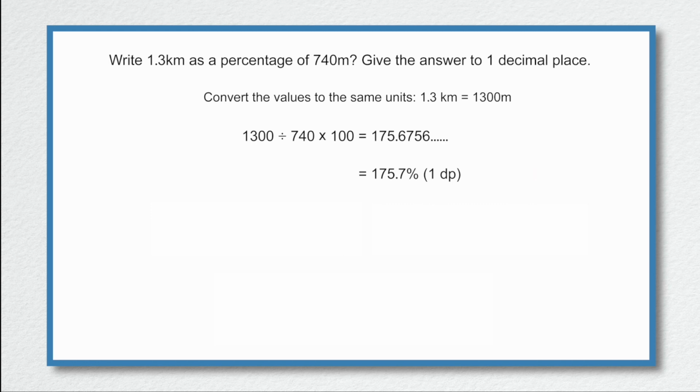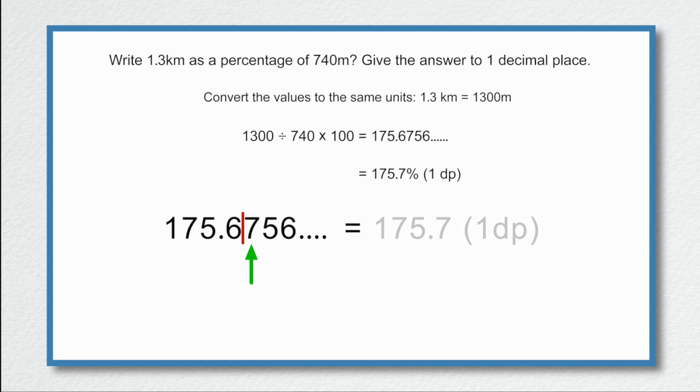And if we look at this in more detail, so here's 175.6756... Here's our cutoff point. So the question is does the 6 stay the same, or do we round that 6 up? So we look at the first digit after the cutoff point, which is 7. This is 7 hundredths. And because this is 7 or more, we are going to round the 6 up to 7.